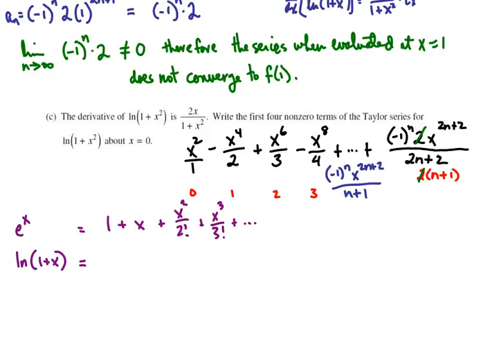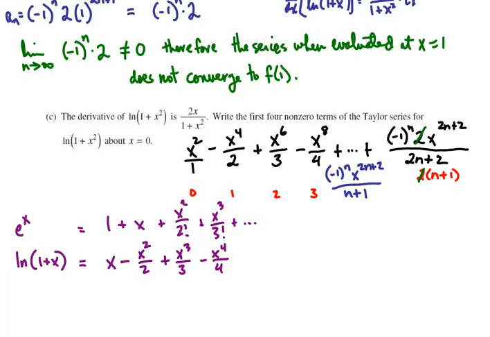Aside from that, it looks like the e to the x, with two small distinctions. First of all, it alternates, and second of all, there are no factorials in the denominator. So the next term would be negative x squared over 2, not over 2 factorial. Then x to the third over 3, positive, minus x to the fourth over 4. So if you can remember e to the x, then you can remember ln of 1 plus x.